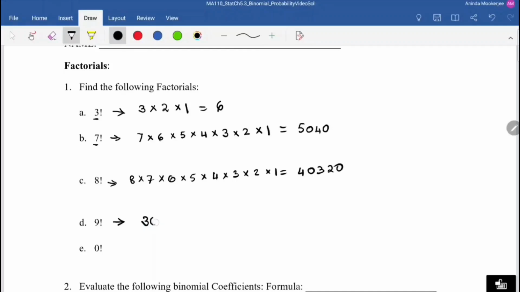You can do the calculation yourself and check whether you're getting that value. It's 362,880. And finally, we have 0 factorial. 0 factorial is 1. All right, it's a constant value.